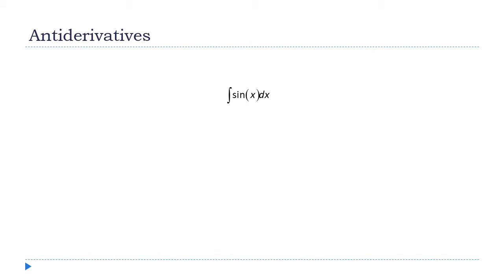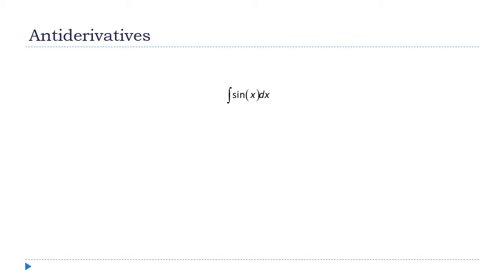Okay, so how about trig functions? How would we integrate sine? I hate to tell you this, but this is kind of how integration works. Integration is much less formula based than differentiation is.